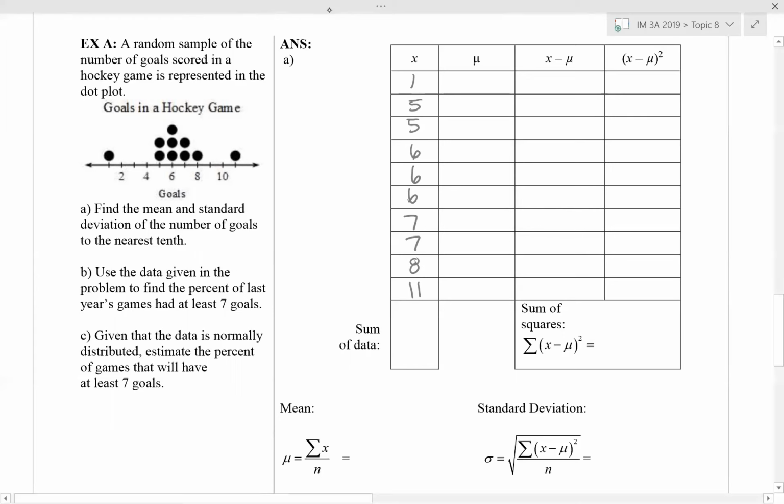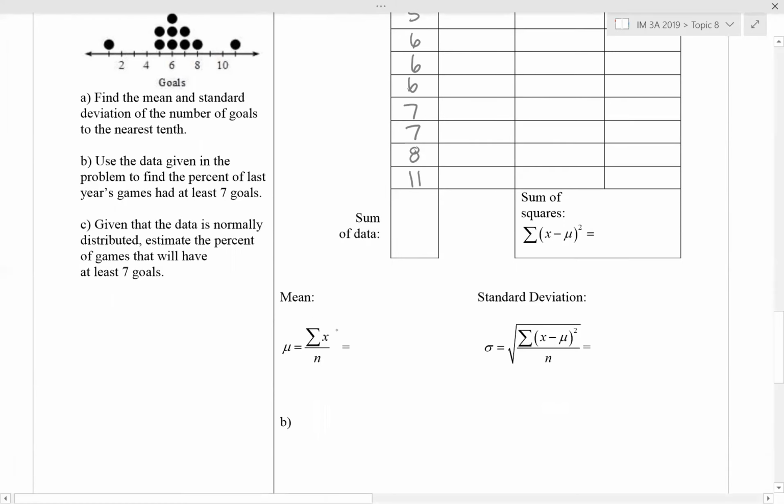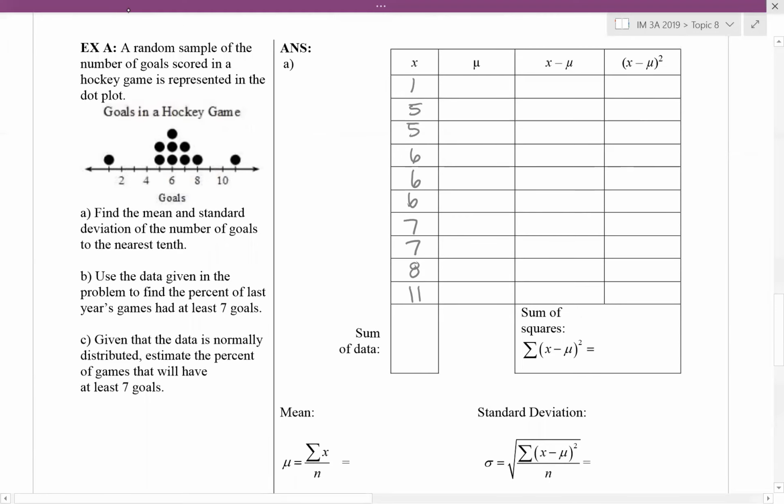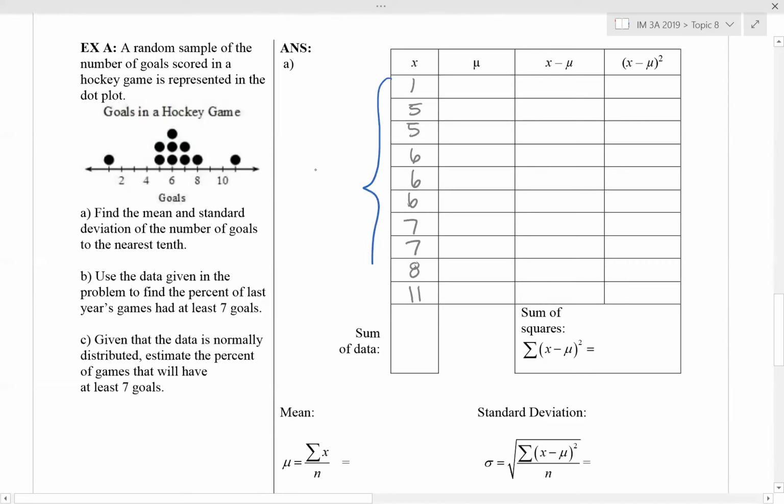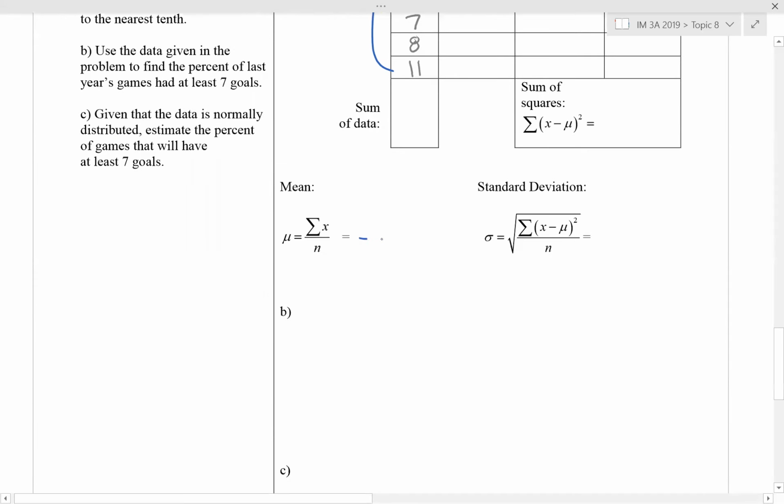So we want to find the mean first. The mean is the sum of all the data divided by the number of data values. And so if we look at this, we have a value for n of 10 because we have 10 different numbers here. So when I divide to find the mean, I'm going to divide by 10.